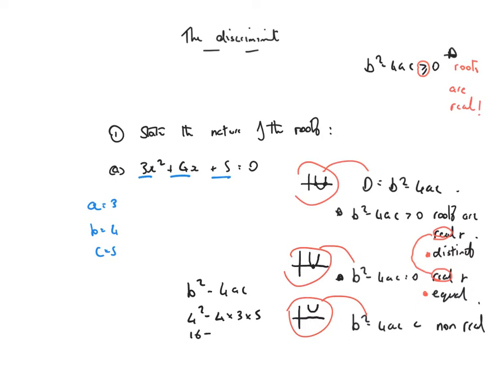And then it's minus, well, 4 times 3 is 12, and 12 times 5 is 60. 16 take away 60 is minus 44. Okay, that's a negative result. So minus 44 is less than 0, which means d is less than 0, which means therefore roots are non-real.